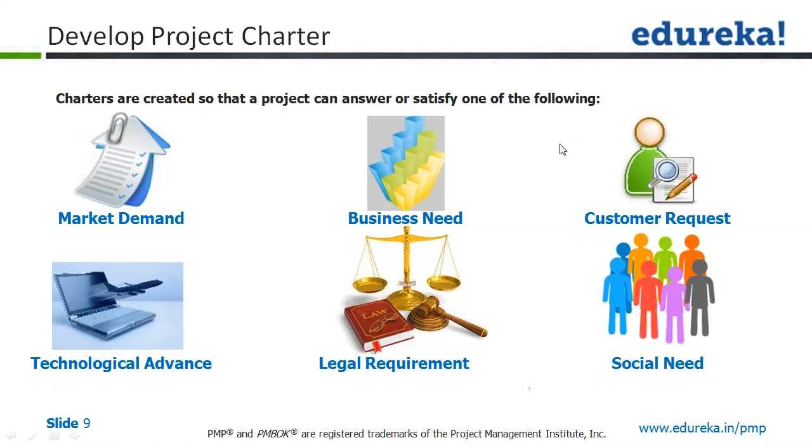It could be a social need. It could be a customer request that he wanted to create a project. So these are the different areas which would be pushing the need of the project.